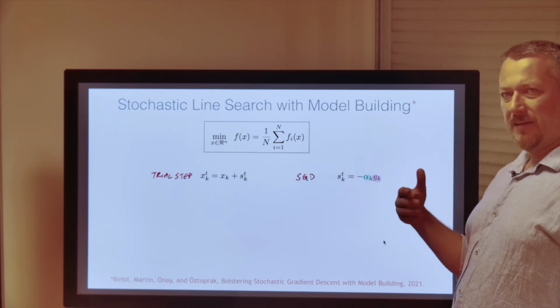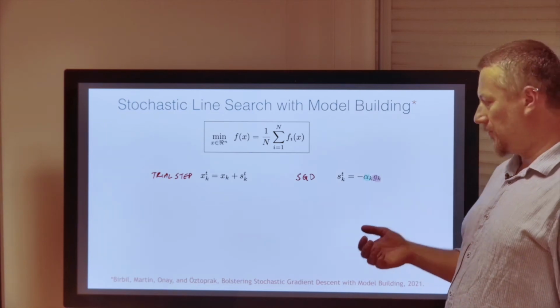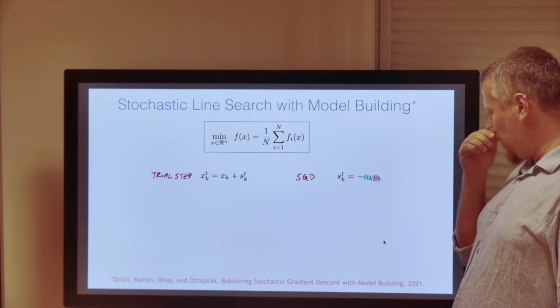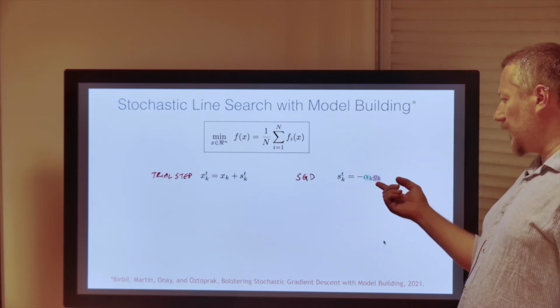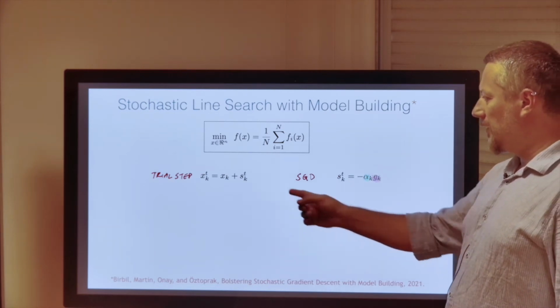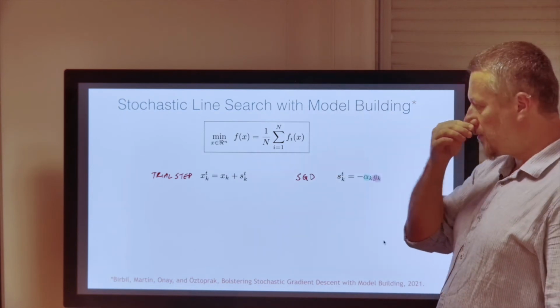It's either the stochastic gradient evaluated for one point or for a mini batch. At each step k, you multiply it by negative alpha_k, where alpha_k is the step size. That's your SGD step. Then you take the step, but you don't stop there and move to the next iteration.